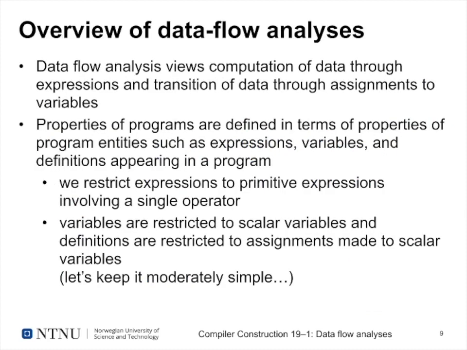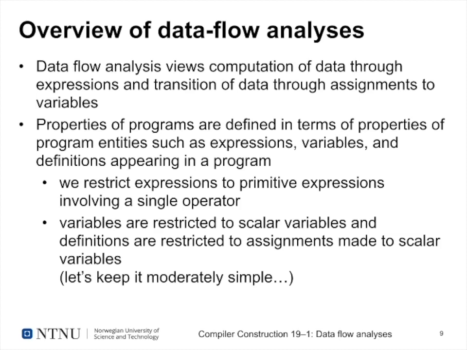Now, when we want to perform data flow analysis on this representation, we are viewing computation of data through expressions and the transition of data through assignments to variables. So the properties of programs we have explicitly described in our control flow graph are defined now as properties of program entities. We have expressions, we have variables, we have definitions that make up our program. And again, we take a very simple approach here.